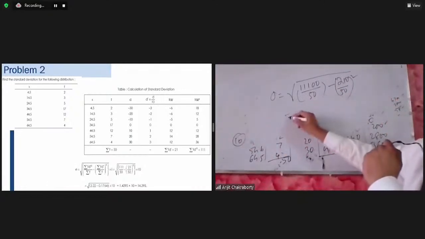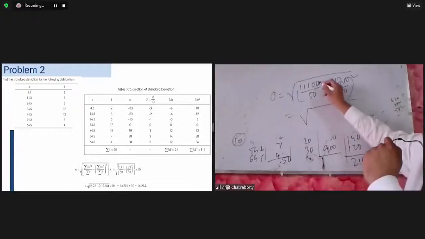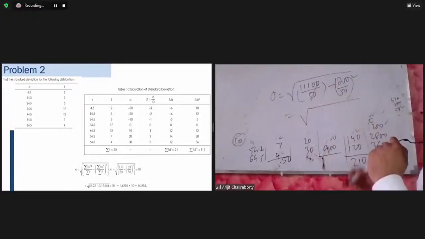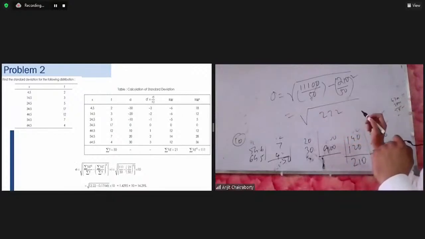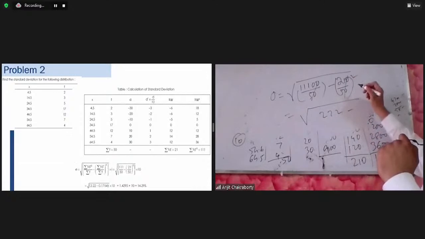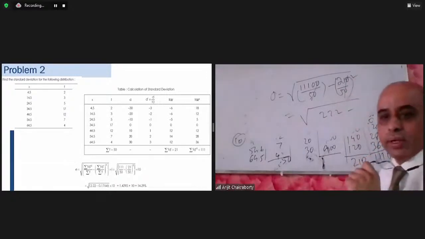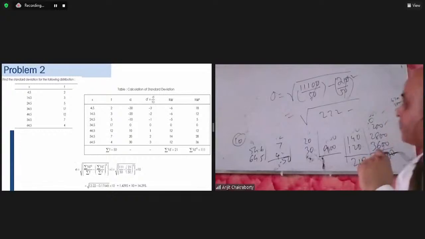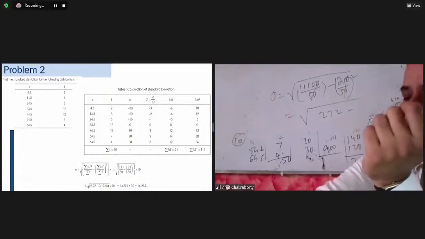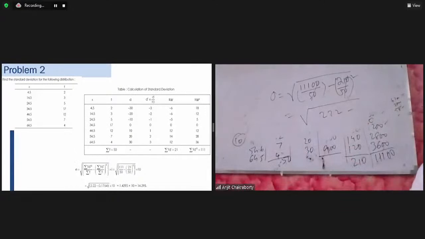So if I simplify it, we get 11100 by 50, so here we will get 1110 by 5. So it is 222, I think. Yes. Minus 210 by 50, so 21 by 5. You just have to calculate 21 by 5, and find the square.